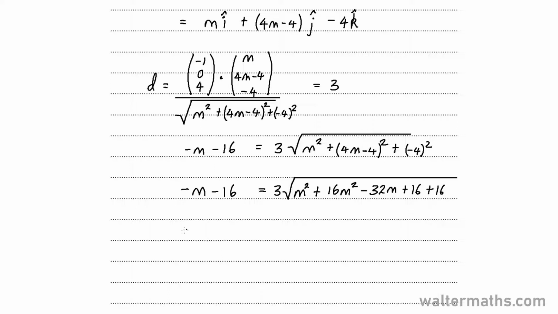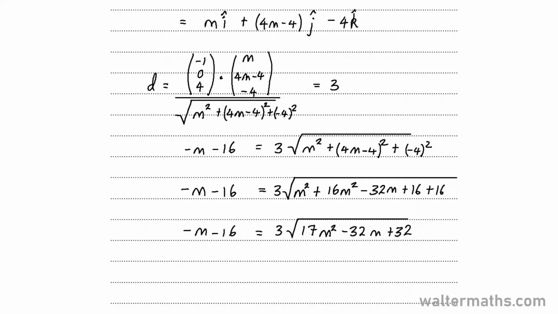So we can continue simplifying. So we have minus M minus 16 is equal to 3 of the square root of, in this case, M squared plus 16M squared is 17M squared, and it's minus 32M, and it's plus 16 plus 16, that's 32.